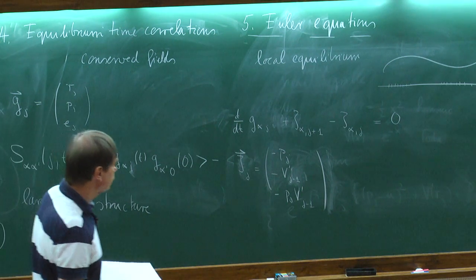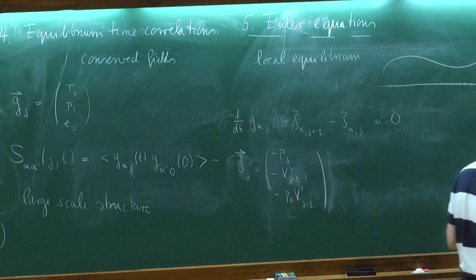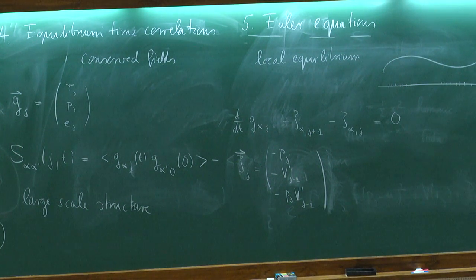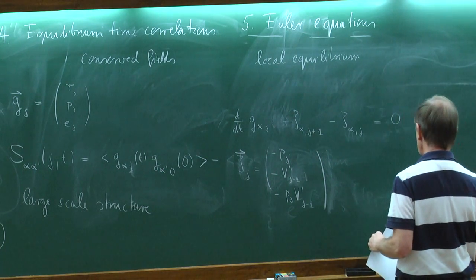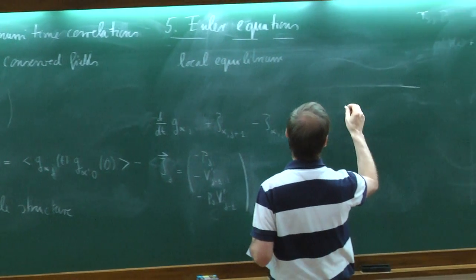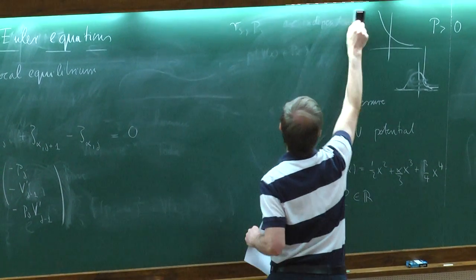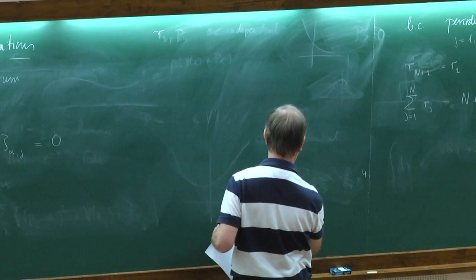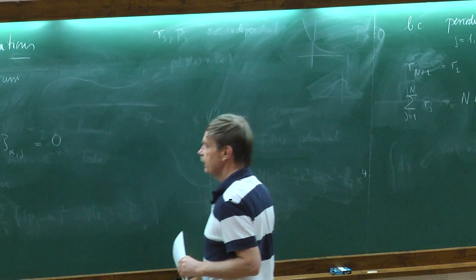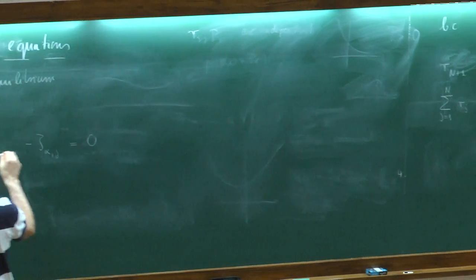Well, and then, of course, once I have this, I can average this over my local equilibrium state. So I just take these equations and do an average over my local equilibrium state. So maybe when I do this average, I should have kept the time dependency. That's maybe a good idea.